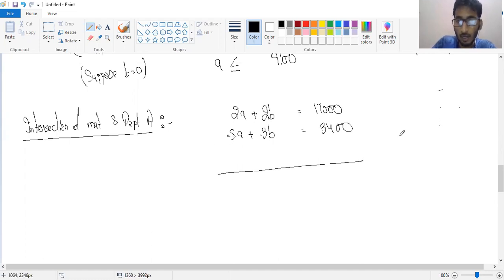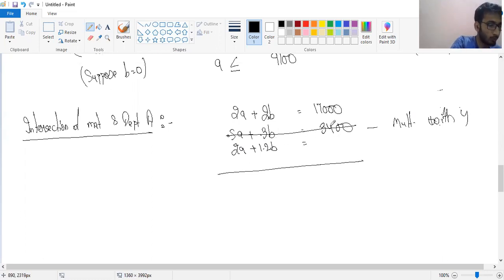Multiply the second equation by 4. It would be 2A plus 1.2B equal to 3400 multiplied by 4, which is 13,600.